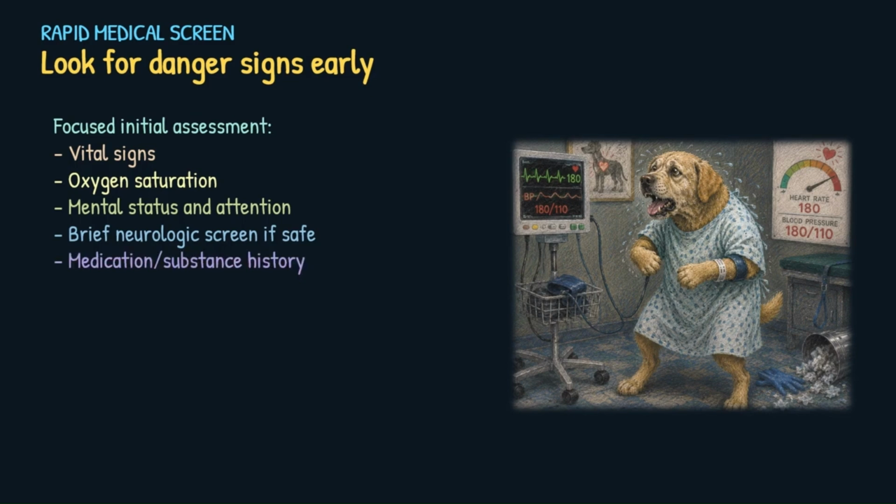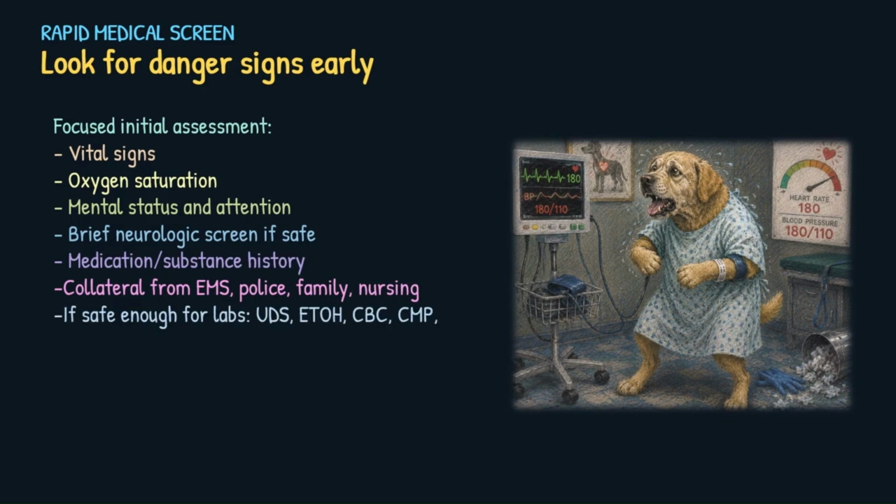If you're not able to get it from the patient, then getting collateral from EMS, police, family, and nursing can be very helpful. Again, if safe enough to do so, order labs. A UDS to see if drugs are causing the agitation, alcohol, because alcohol intoxication can also cause agitation, CBC, you're going to be looking for signs of infection, and then the CMP to look for liver, kidney function, possible electrolyte disturbances. You also want to get a point of care glucose because hypoglycemia can also cause agitation.